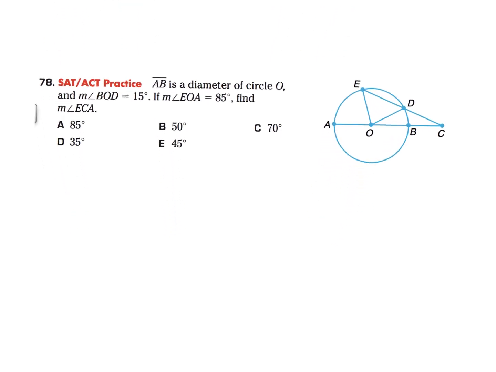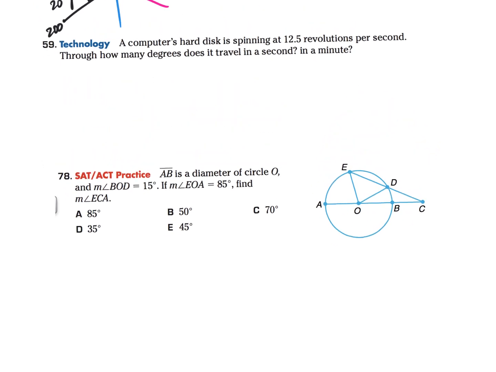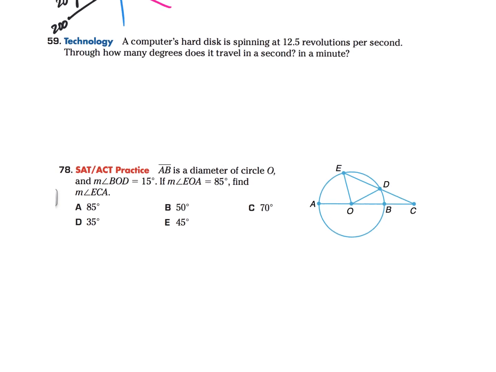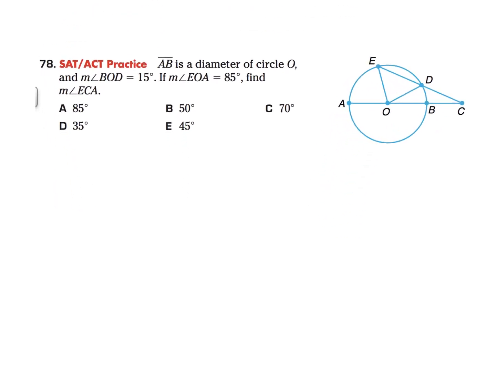I want to know the answer to that. To this guy? Wait, which one? The SAT one. Yeah, let's do it. Does anyone remember? This is just a flashback. Angle BOD is 15 degrees. EOA is 85.